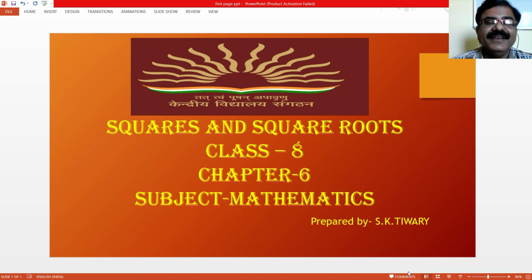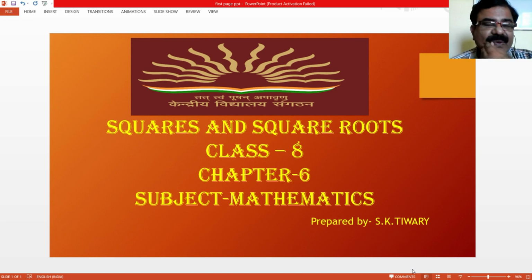Students, in this chapter, squares and square roots, we will study the squares of numbers, and we will learn to find the square roots of given numbers.